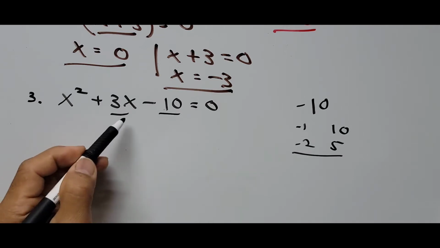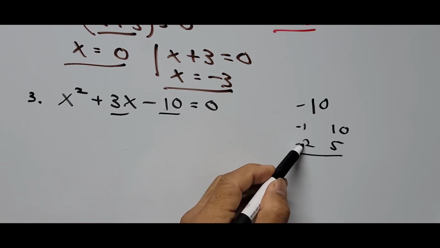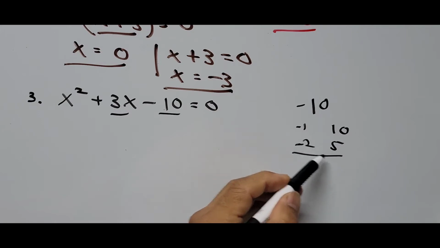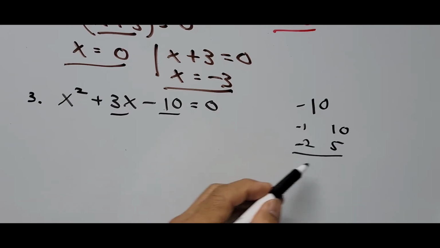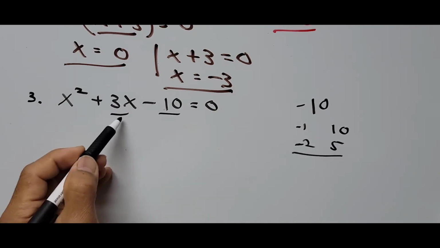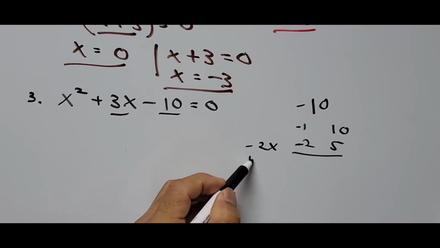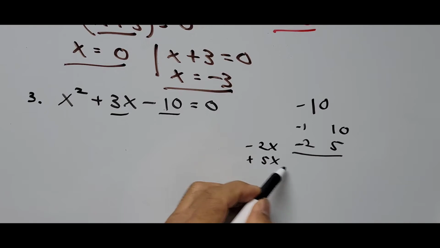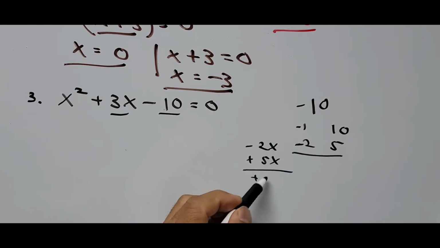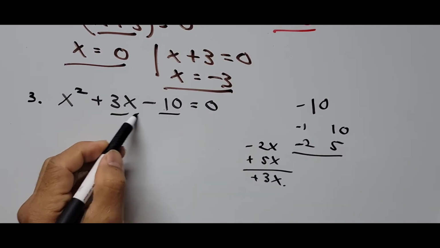So to produce the second term, if you add this up, that's minus 2x plus 5x, that will result to the second term. That is minus 2x and then 5x. So that yields positive 3x. That's the middle term.